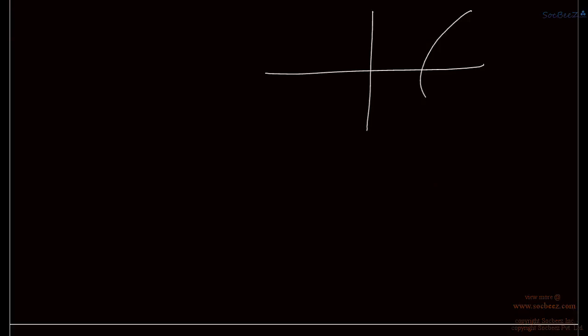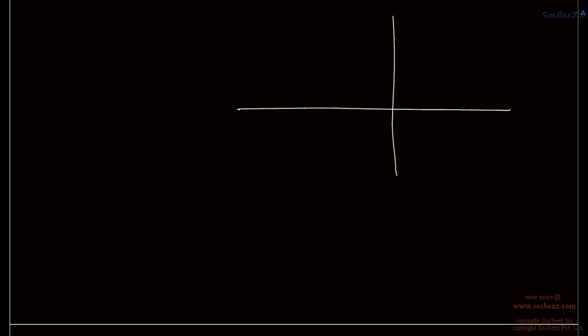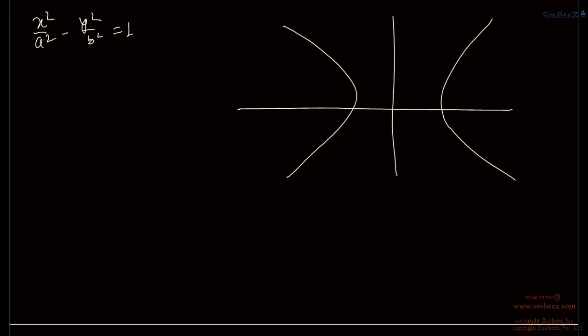So we have a hyperbola like this. The standard equation is x square upon a square minus y square upon b square is equal to 1. So let us see the parametric equation.